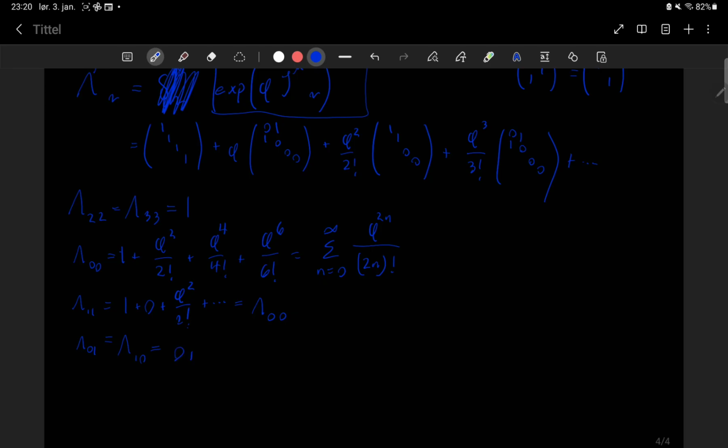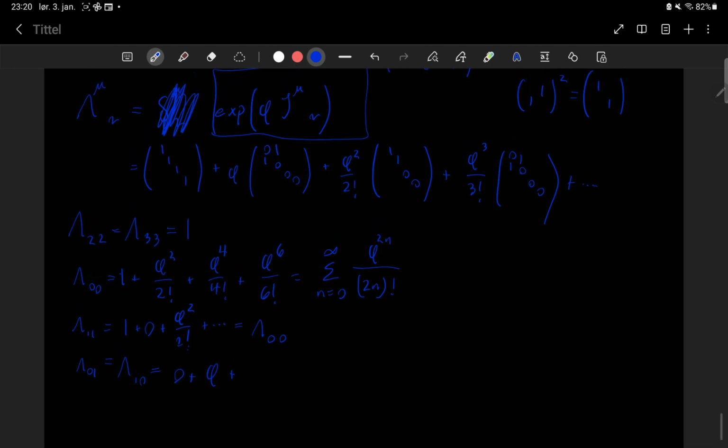So we get 0 plus phi plus phi cubed over 3 factorial plus... okay, we only get the odd ones then.